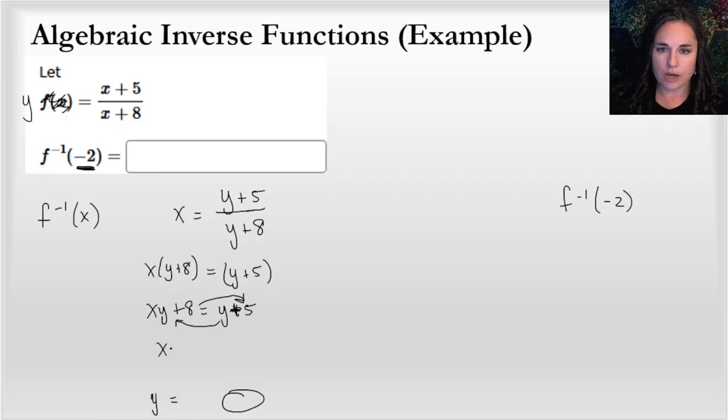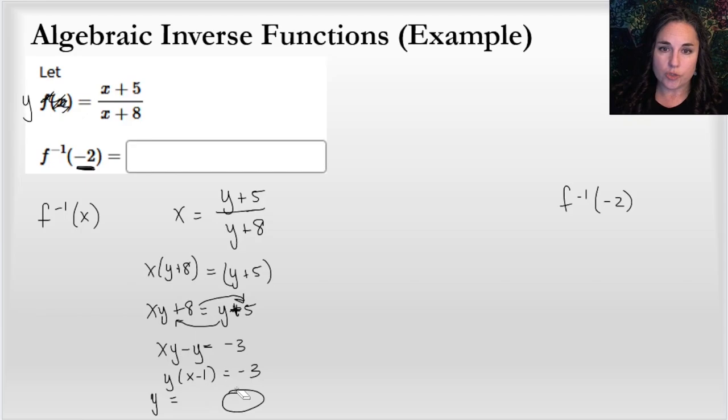So I'm going to go xy minus y equals 5 minus 8, which is -3, right? I'm going to subtract 8 over here and I'll get a -3. So I'm going to factor out a y here. I get y times x minus 1 equals -3.